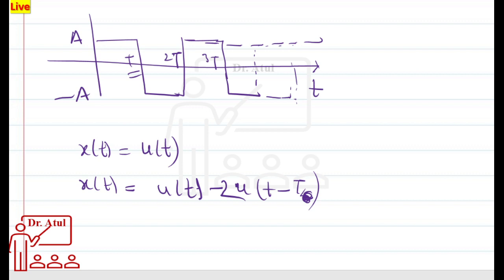So I can take a common factor: u(t) minus 2u(t minus T) plus, then after 3T, minus. Okay, then this one is sufficient. Okay, this is the representation of the signal in terms of unit step function.